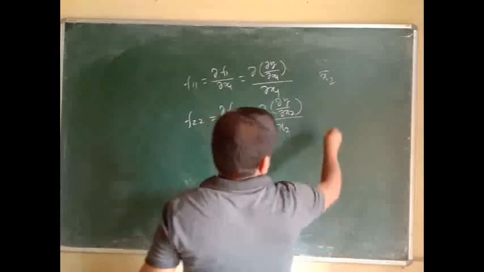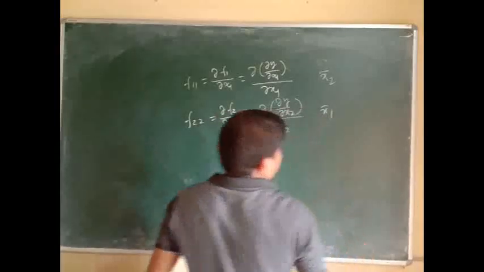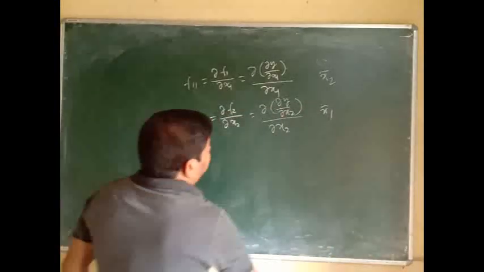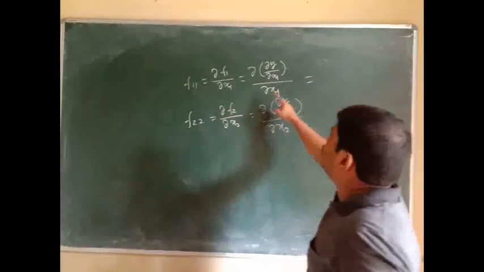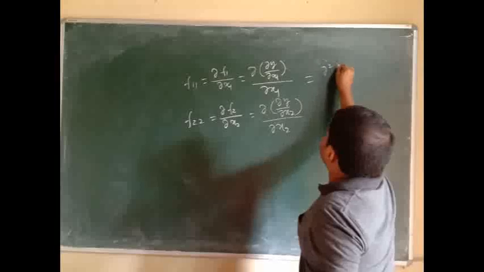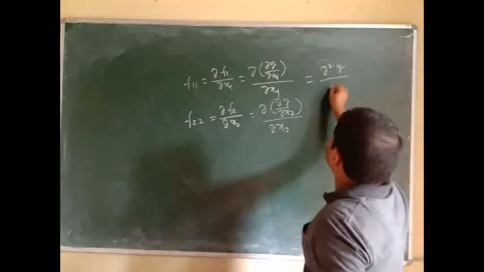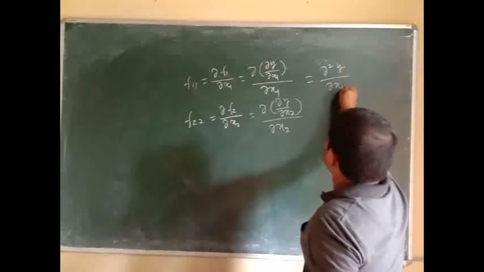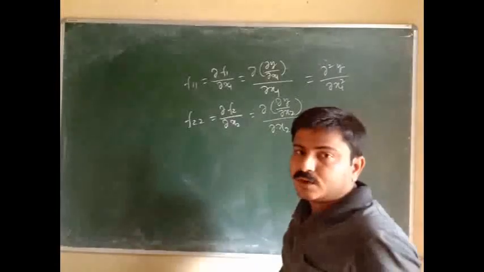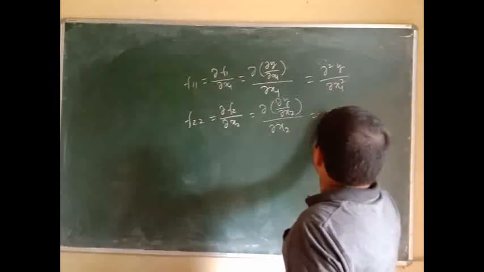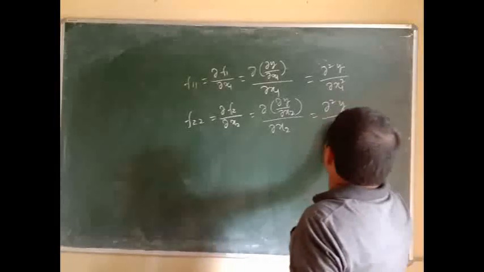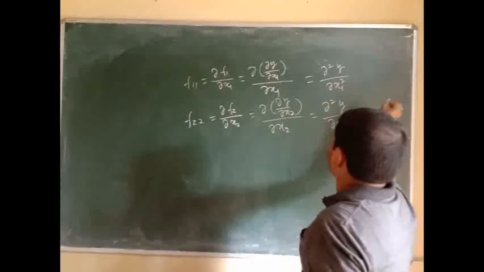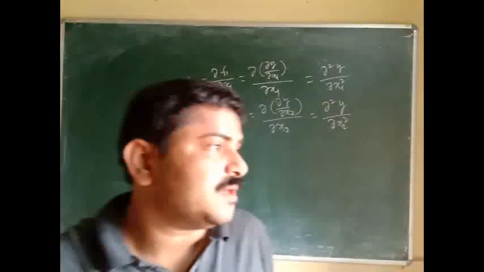So here we are assuming x1 as constant. Now we can write it in another way, that is del square y by del x1 square, that is the second order partial derivative, and del square y by del x2 square, that is the second order partial derivative.